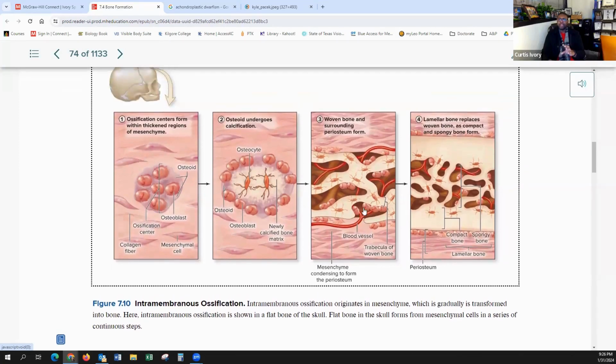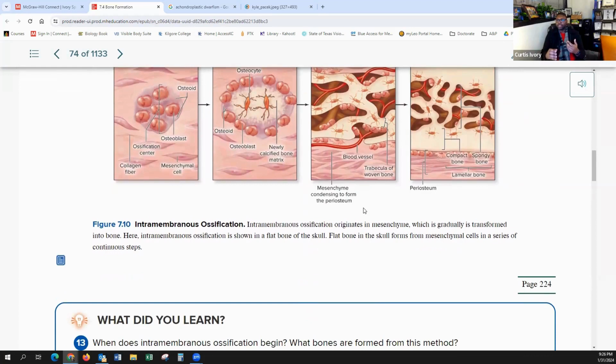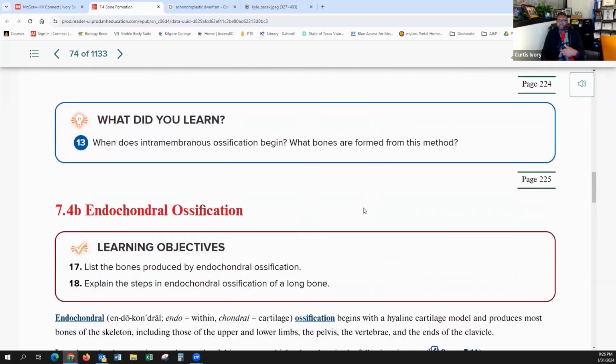So essentially, the bone is going from cartilage into bone. That cartilage is getting calcified, or it's getting calcium and hydroxyapatite added to it, which is going to make it harder, or make it a bone at that point. So that's what ossification means. Essentially, we're turning that cartilage into bones.